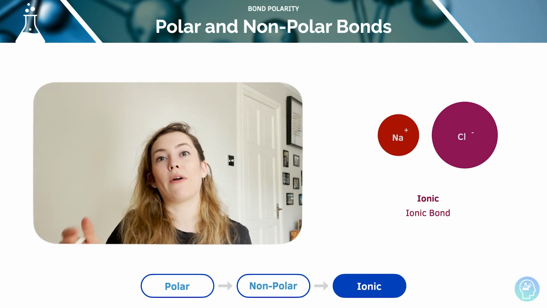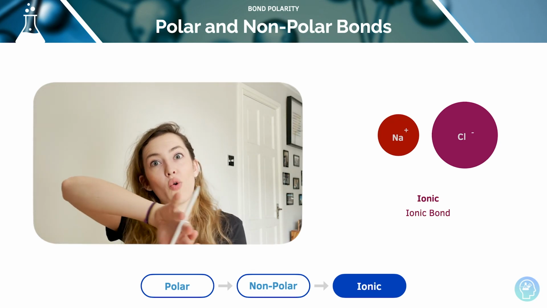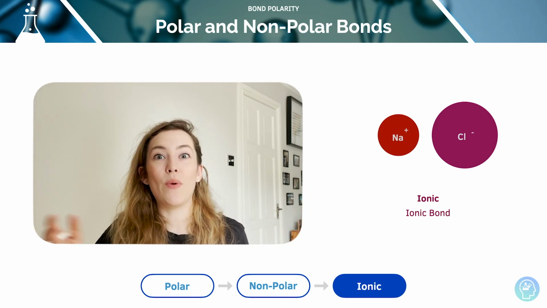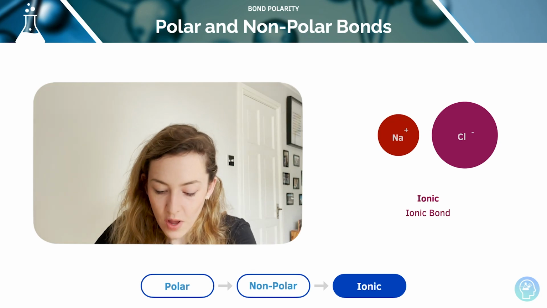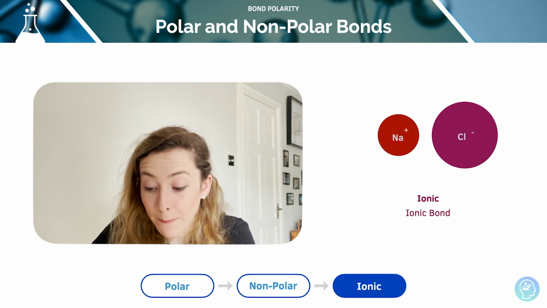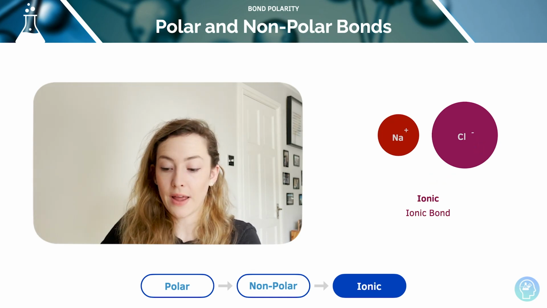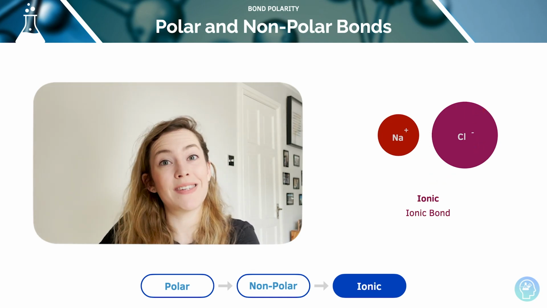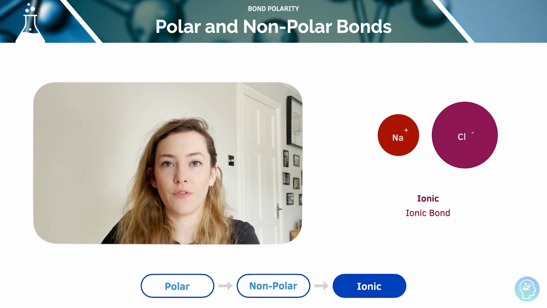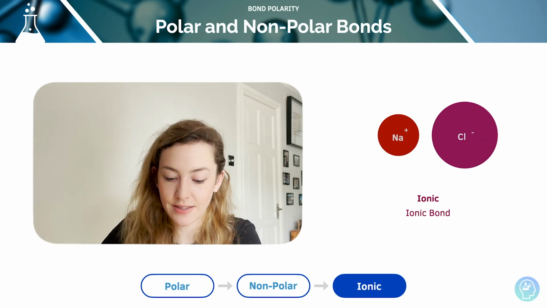If we push the polarity to the point where the electrons are so far towards one atom, there is a big difference in electronegativities, that is where we get that complete transfer. So with sodium and chlorine, the electrons are completely transferred to the chlorine, and that creates a full charge instead of a partial charge. We get a formal, full negative charge rather than a delta negative.